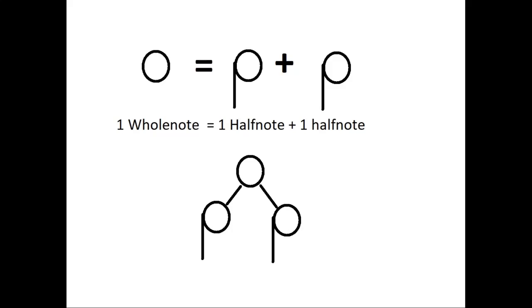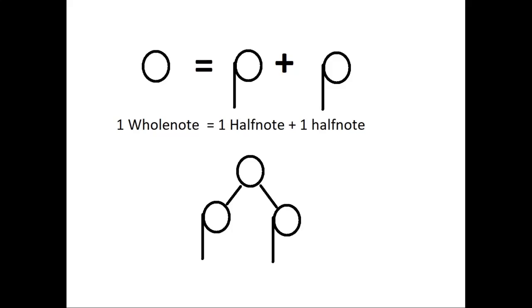If the stem was going up, it would have been on the right-hand side of the note. So remember, the stems are attached to the left-hand side of the note if they're going down. 1 whole note equals 1 half note plus 1 half note.